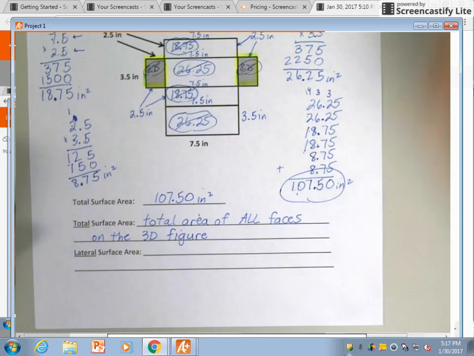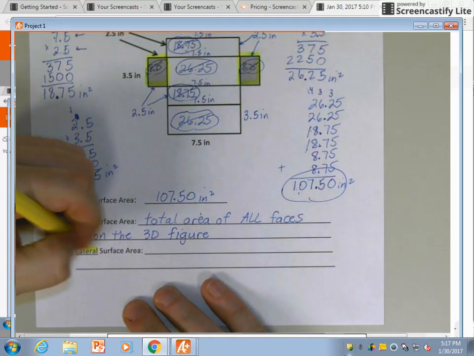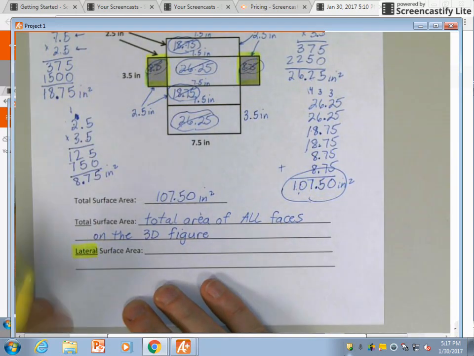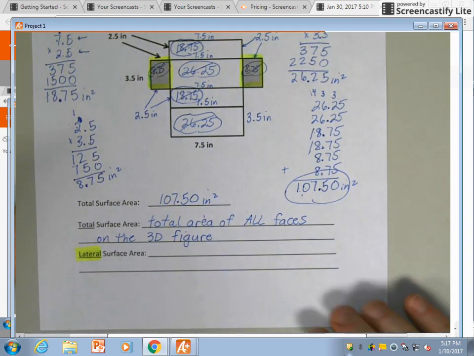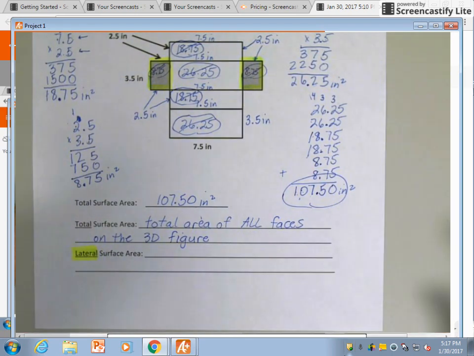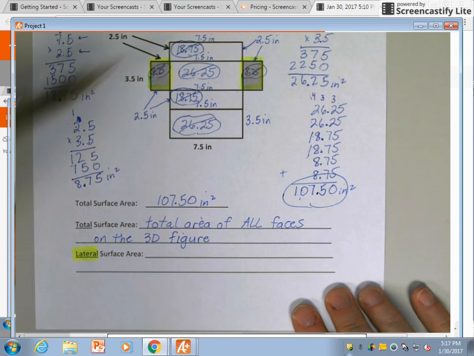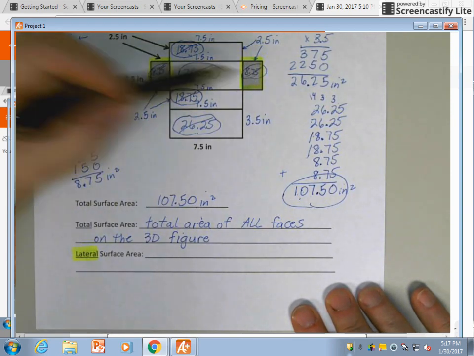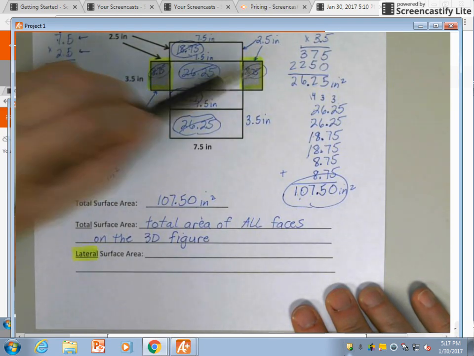And then this one right here is the most important to highlight. This is lateral. The lateral surface area is a little different. In lateral surface area, we're not going to include the bases of the figure, which means that we would not include the 8.75 and the 8.75 when we add them.